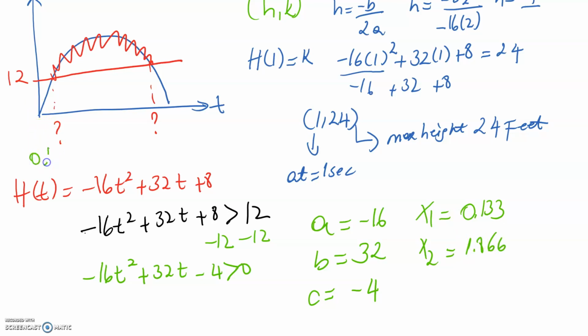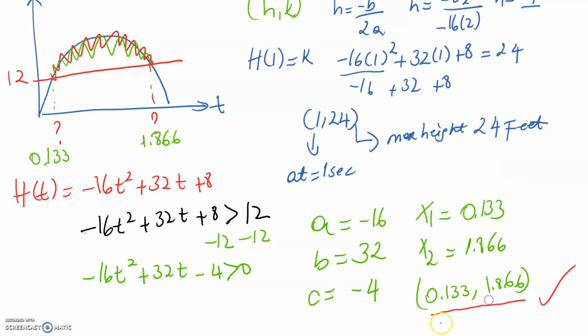That means right after Thea throws the ball, the ball will be greater than 12 between the roots. So the answer is (0.133, 1.866), with parentheses because these endpoints are not included. That's the interval notation solution.